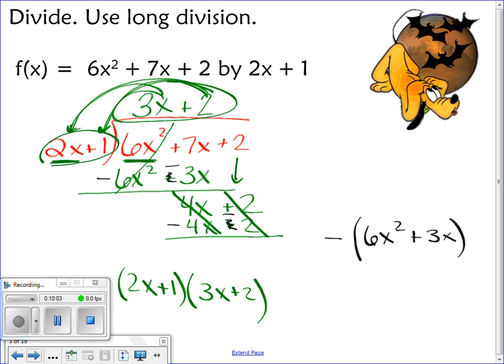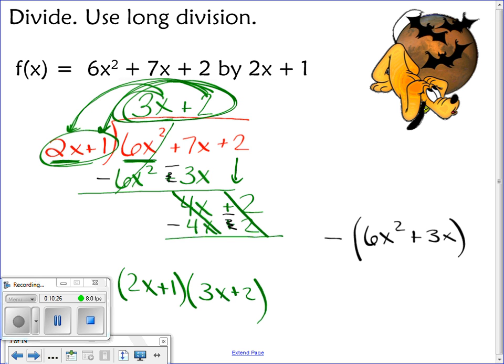Here's what was given to you. Here's your answer. Those two things, if you multiply them, it's the factored form of this. So we unfactored. You factored it. It's like I gave you one factor and you found the other one. Now, if there's a remainder, then it wasn't factorable.